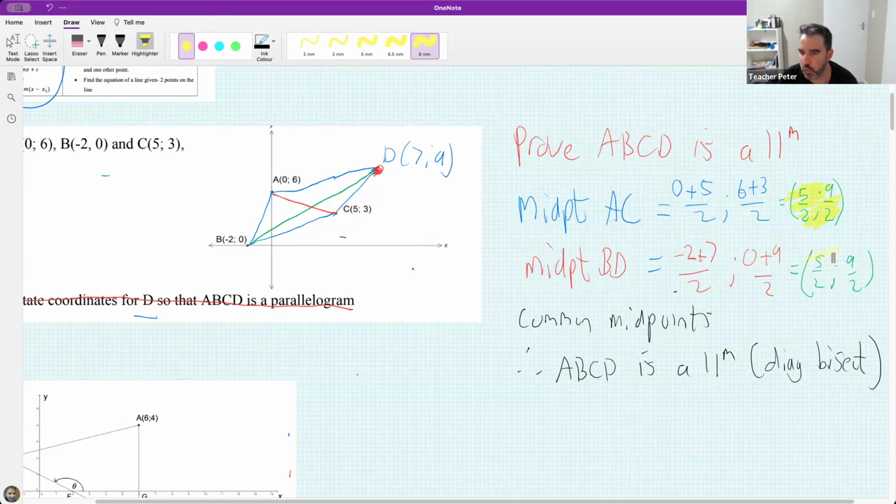I work that out using the midpoint formula. Once I've established that, I can say that that is a parallelogram because I know that the diagonals bisect each other. Again, if you look at this, the diagonals are not equal length. In fact, the green one is clearly longer than the red one, but the basic idea is there.